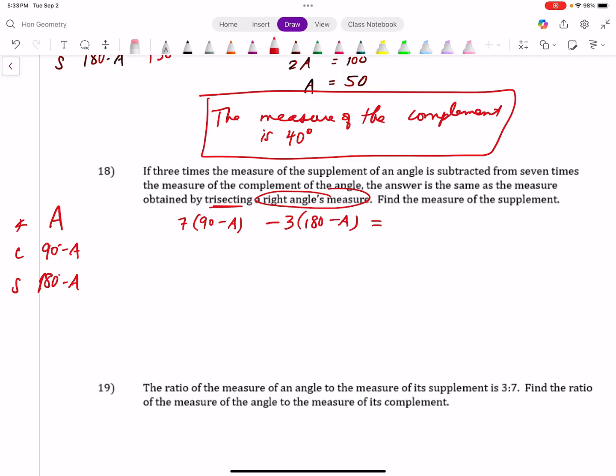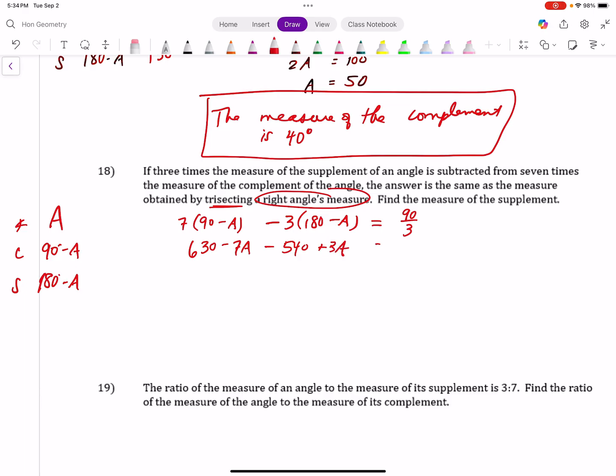So cutting a right angle into thirds, which would be 30 degrees. So let's see. Well, I guess we should probably, since it's your note, let's write that we're doing 90 divided by 3. Okay, so here's what, 630 minus 7A minus, let's see, 540 plus, that looks weird. Let's fix that.